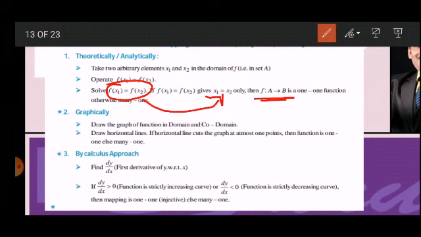So to avoid this, we start from the codomain side. If you consider two elements from the range and they are not equal, then their corresponding elements from the domain are also not equal, and if they are equal, then their corresponding elements in the domain are also equal. This is basically the theoretical approach.